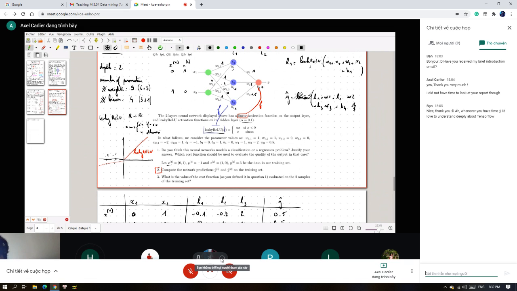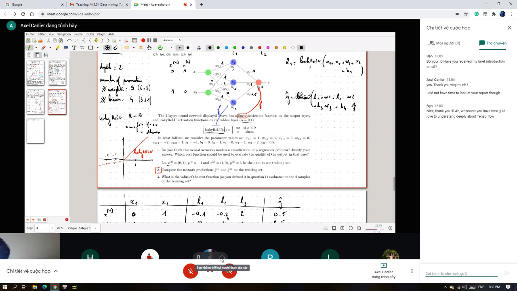And then h3 is 0 times 0 plus 1 times 1, so it's 1, plus 1 is 2. And for leaky ReLU, if you have 2, it's the identity, so you get exactly 2. So these are h1, h2, and h3.